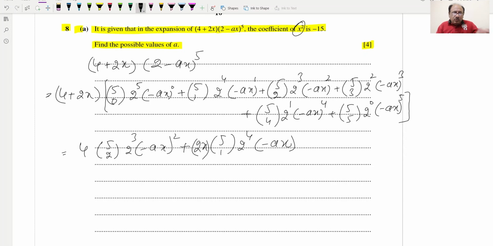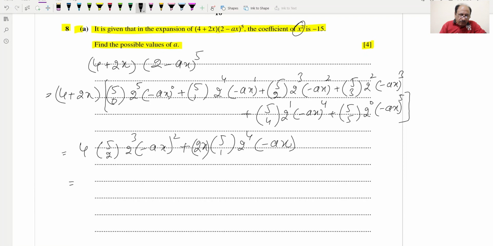So these are only two terms. Rest of the terms we will not be considering. And directly also, if you are confident enough, you can directly write this, or you can do this working, whatever is convenient to you.